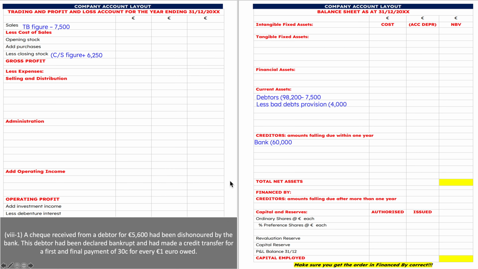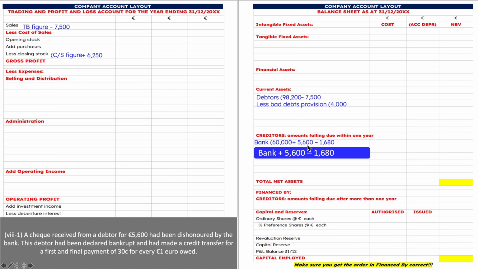Then 8.1, a cheque received from a debtor for 5,600 had been dishonoured by the bank. This debtor had been declared bankrupt and had made a credit transfer for a first and final payment of 30 cents for every €1 owed. So this is a funny one. The 5,600 was dishonoured by the bank, so the bank overdraft of 60,000 would have increased by 5,600 when that cheque was dishonoured.